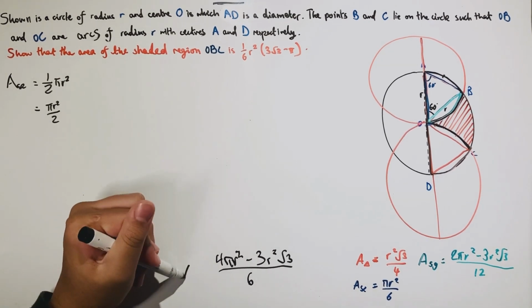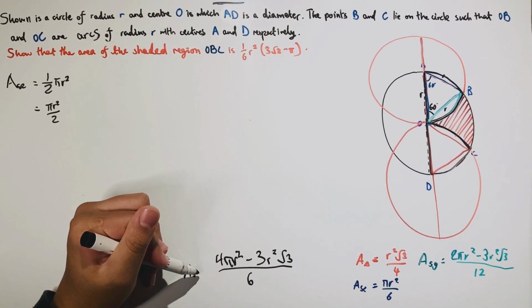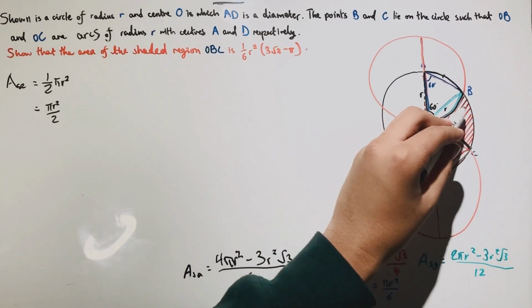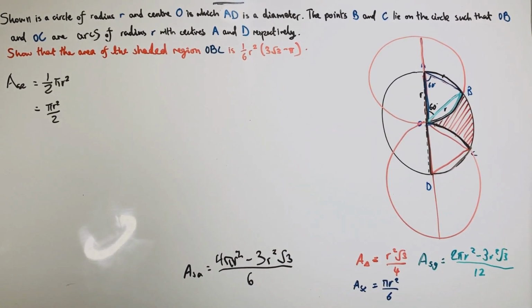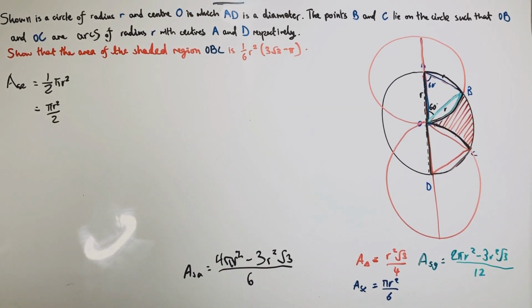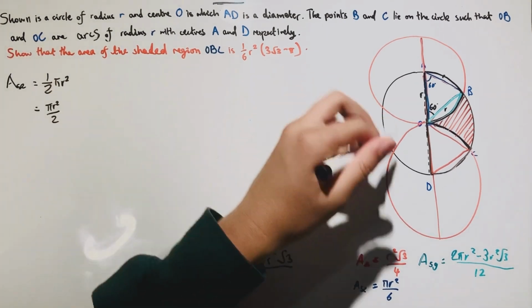Now we need to work out the area of that shaded region. I should have made that a bit clearer. We've got the area of these 2 regions, and we need to work out the area of this shaded region here in the stripy red, okay? So, like we discussed before, it's going to be the area of the semicircle.